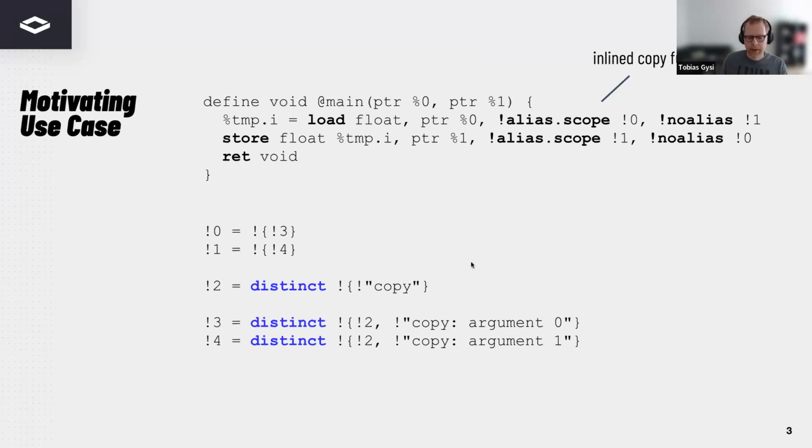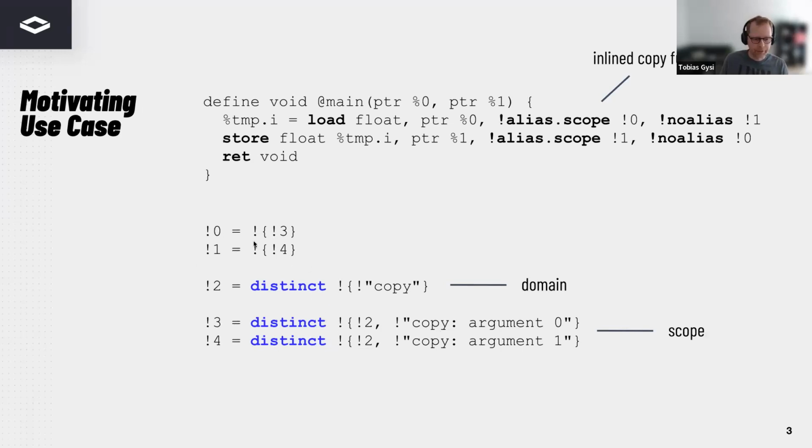So basically what you have is a domain metadata. So this is the name of the old copy function that we have inlined. Then we have two alias scopes, they are called, which basically are associated to the domain. That's the !2 here, but they also have a description, which is copy argument 0 and copy argument 1.